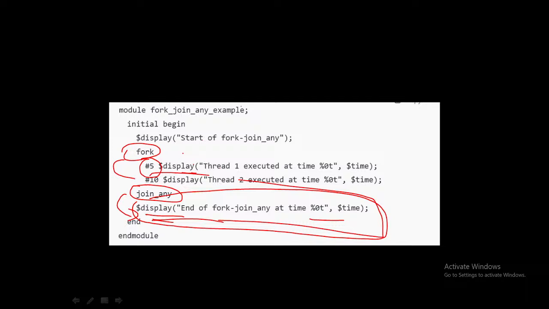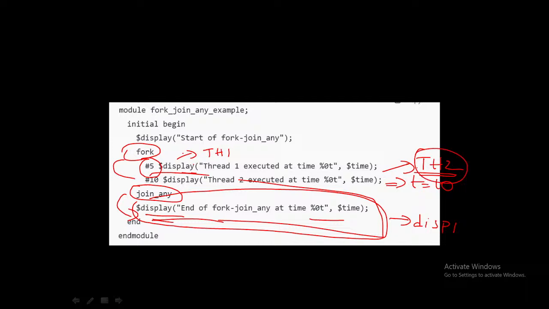Since there is one more thread, it will be displayed at time t equal to 10. So first, at time t equal to 5, thread 1 will be executed and the compiler will get out of this fork join any block and this display statement will be executed, and at time t equal to 10, thread 2 will be executed.